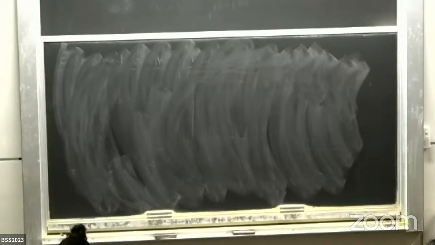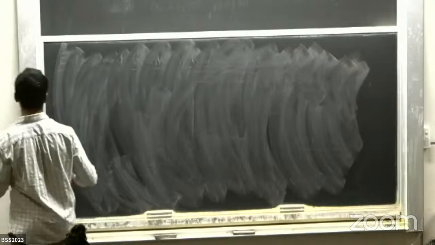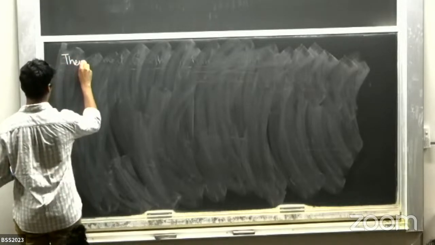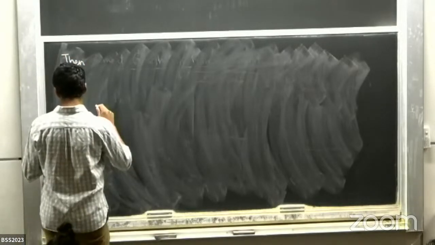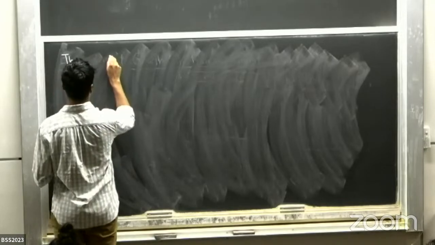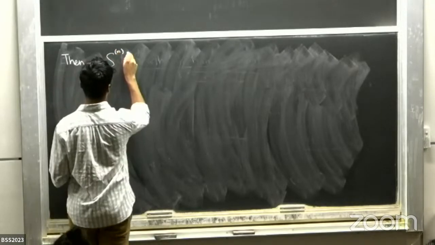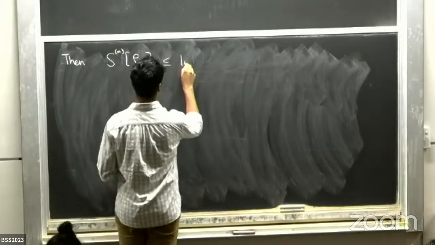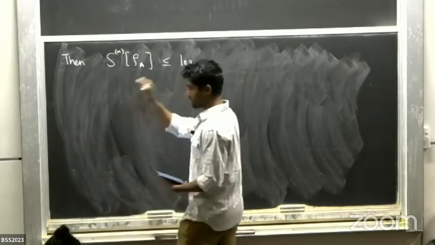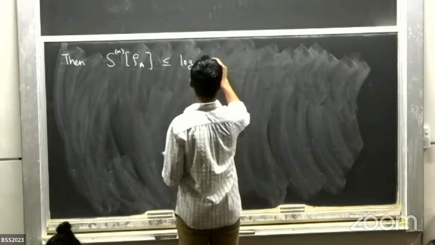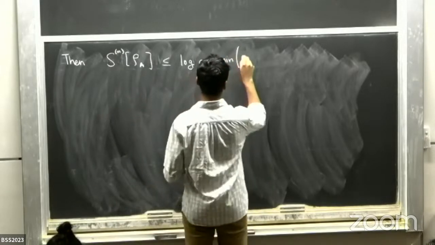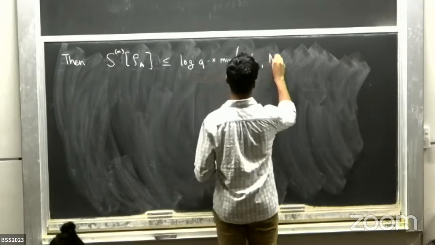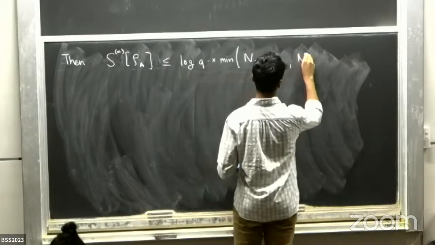Okay, so I haven't told you what. So given this curve, any Renyi entropy is upper bounded by log of Q. So Q is the local Hilbert space dimension times the minimum of the following quantities.